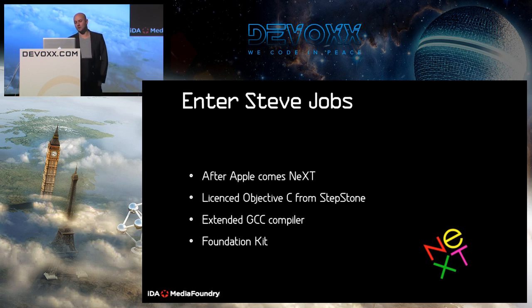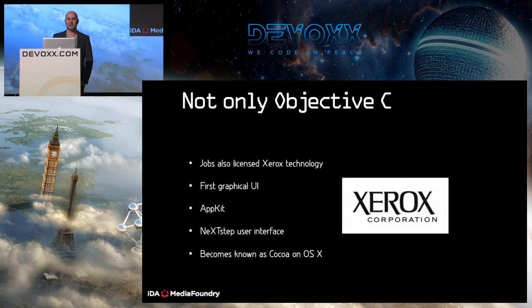We will cover those later. He also added Foundation Kit. Like the java.util package in Java, Foundation is more or less the util package. Yeah? So they obviously didn't only take Objective-C.